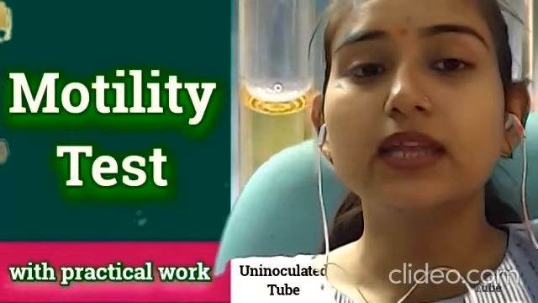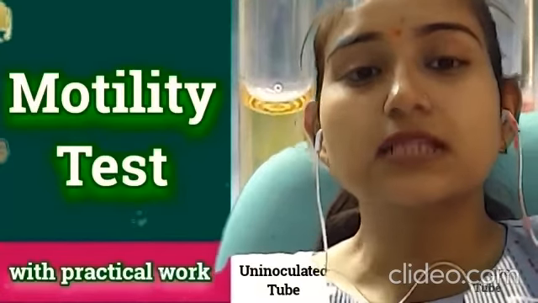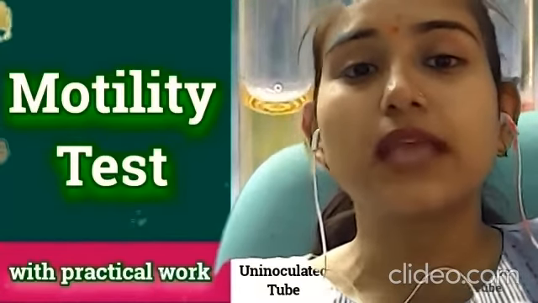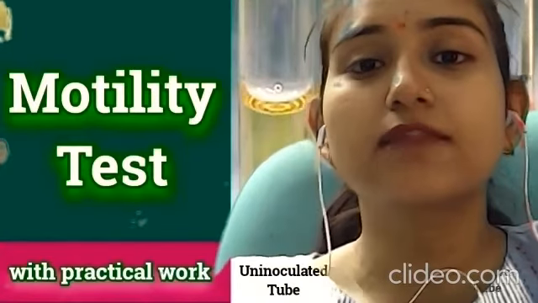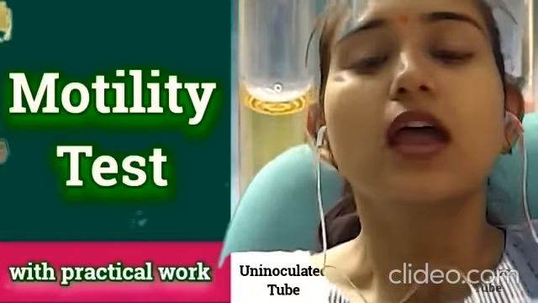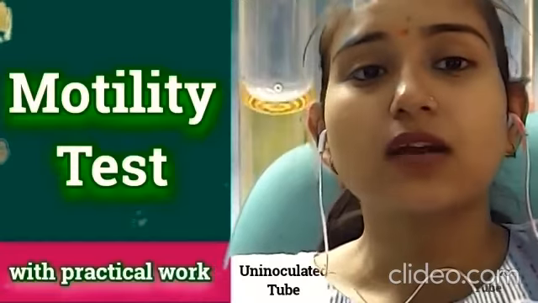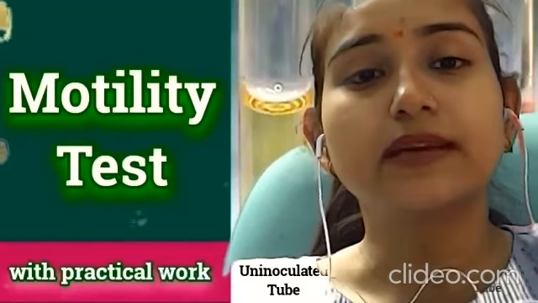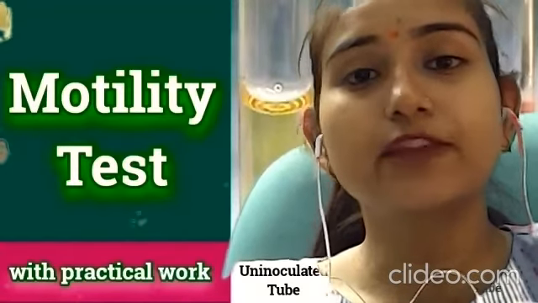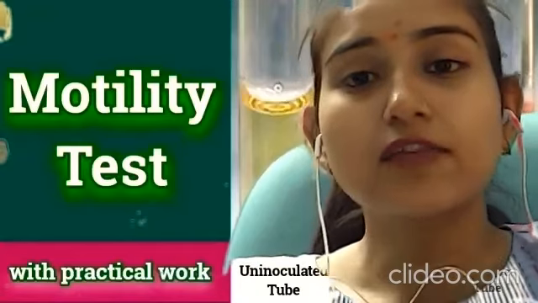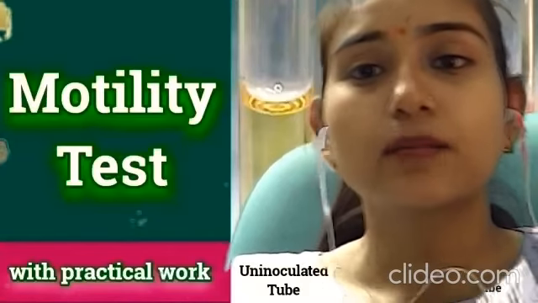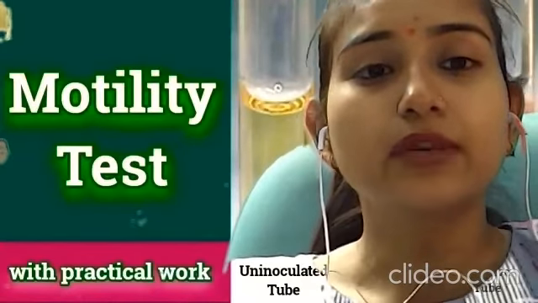The medium mainly used for this purpose is SIM medium, that means sulfide indole motility medium, which is a combination differential medium that tests three different parameters: sulfur reduction, indole production, and motility.